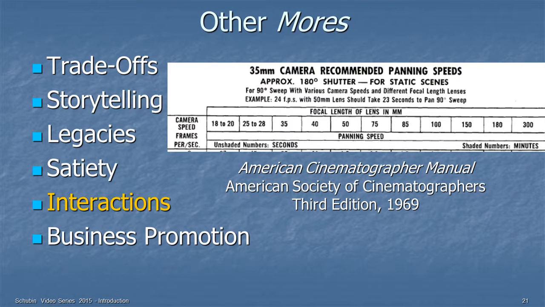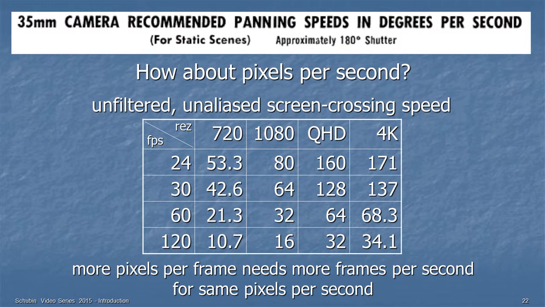Other more issues, there's interactions. So here is the top of a chart that appears in the third edition of the American Cinematographer Manual, and it's about recommended panning speeds for panning through a 90-degree scene. And this is from the third edition in 1969. And here's another version of that chart, and it lists the panning speeds in degrees per second.